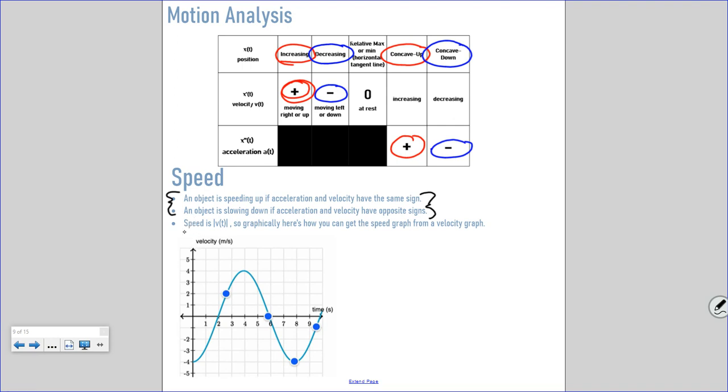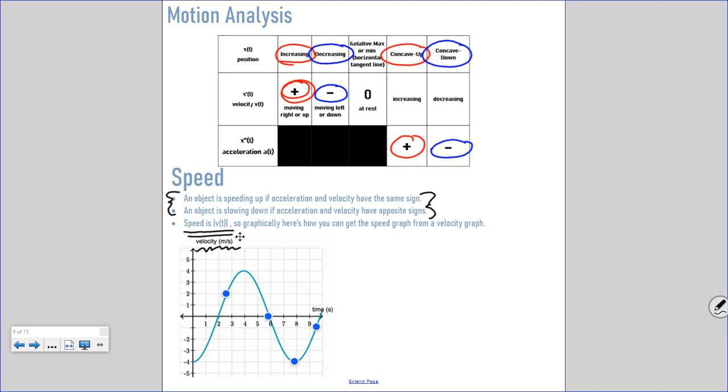The other way to determine speed is to take this idea that speed is the absolute value of velocity and then graphically look at how you would analyze that speed. So here is how you can get the speed of a graph from a velocity graph. So this is a velocity graph. You'll have several different graphs today, so you do want to pay attention to which one that you have.